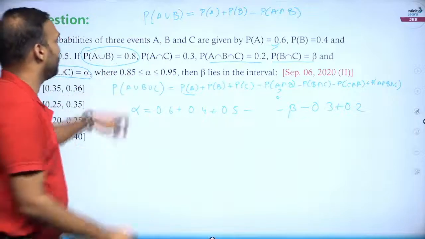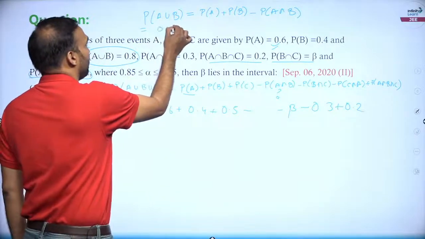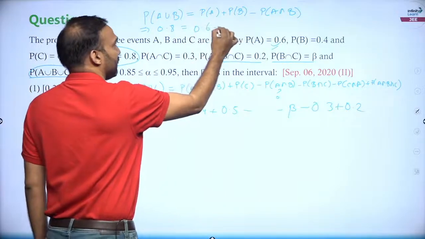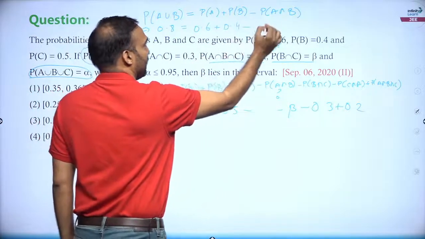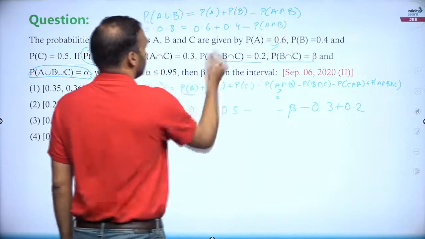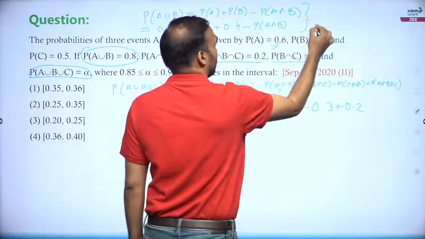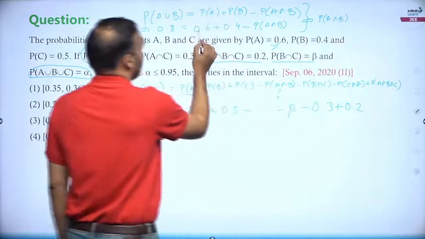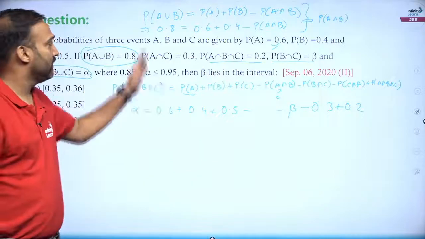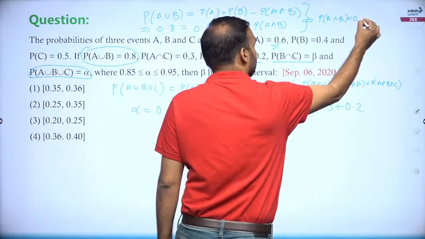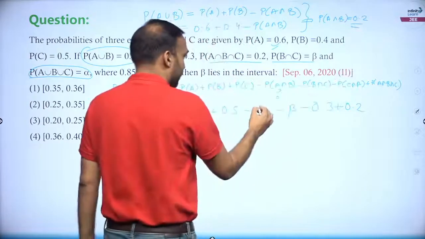So A union B is how much? 0.8. PA it's given 0.6. PB it's 0.4. PA intersection B is PA intersection B. So I can calculate from here and I can say P of A intersection B, how much will it come? 0.6 plus 0.4 is 1. 1 minus 0.8 is 0.2. So A intersection B is nothing but 0.2. So now I can write this as 0.2.